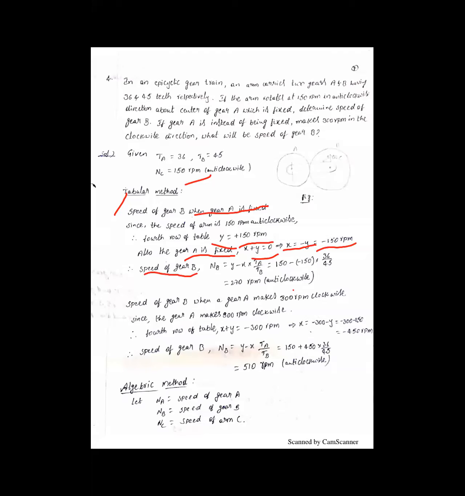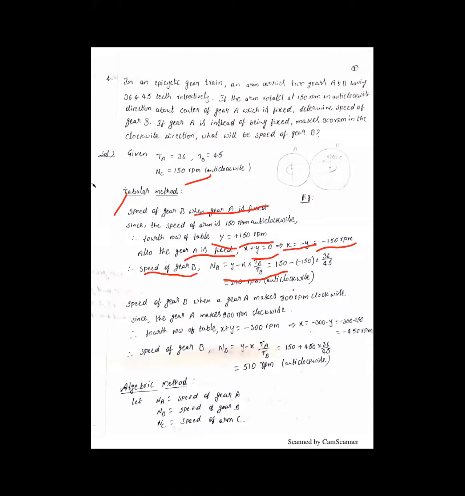Later, the speed of gear B. Now we take the total motion of gear B: NB equals y minus x into TA by TB. That equals, y value is 150 positive, plus 150, and x value is minus 150.